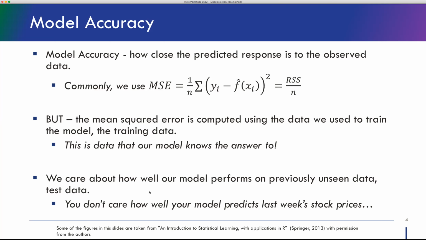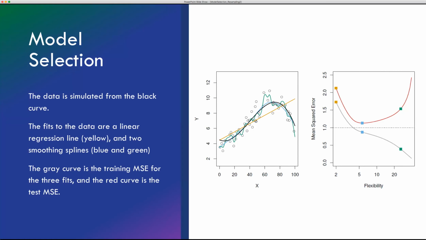A simple example: we would not care that much about how well your model predicts last week's stock prices, because we already know them. Normally we want to predict something we didn't know, right? We will need this concept of training and testing data sets for model selection.